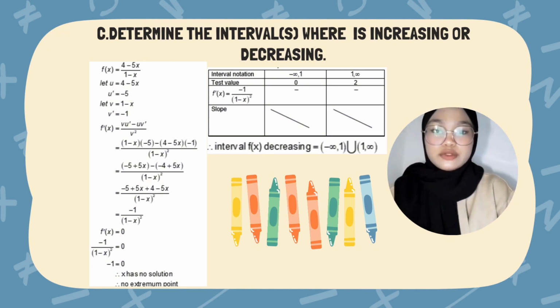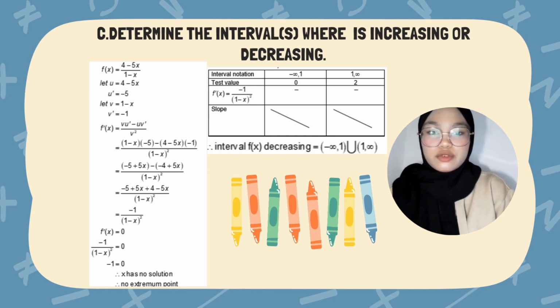For the second step of the quotient rule, we need to use f prime of x equal to (v u prime minus u v prime) over v squared. So just substitute it and we get (1 minus x) multiplied with negative 5, minus (4 minus 5x) multiplied with negative 1, over (1 minus x) squared.